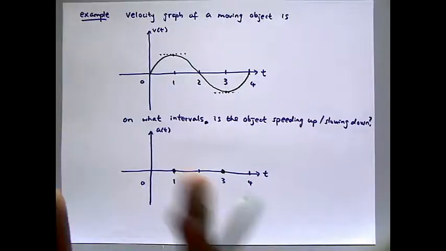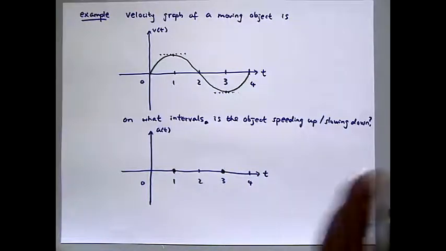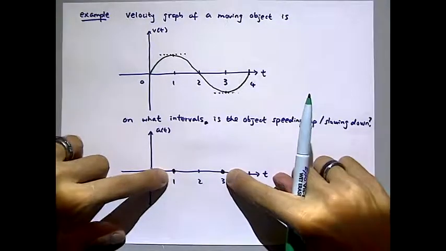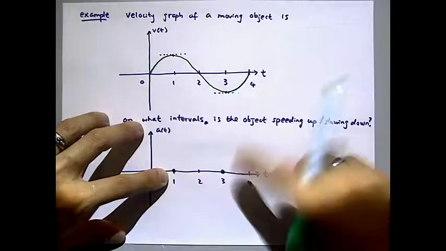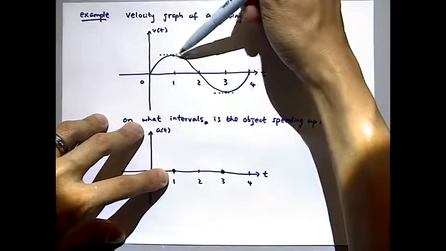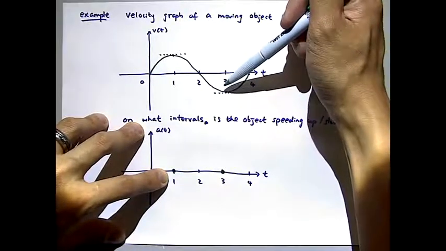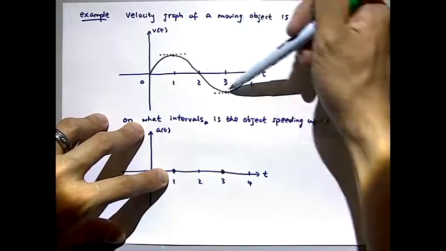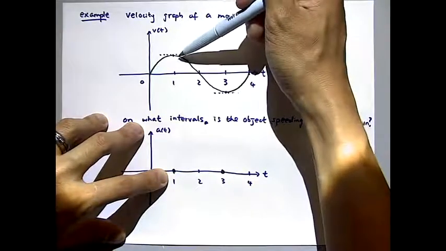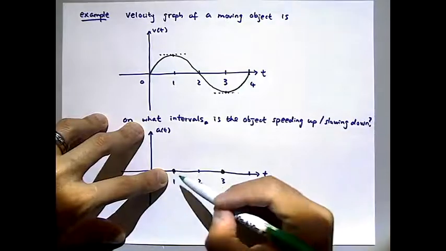Then we start moving from those dots, start looking at what's going on between two of them. So in the middle portion right here, from 1 to 3, notice that the tangent line on this graph is always negative. Starts at 0, ends at 0, but remaining negative the entire time.